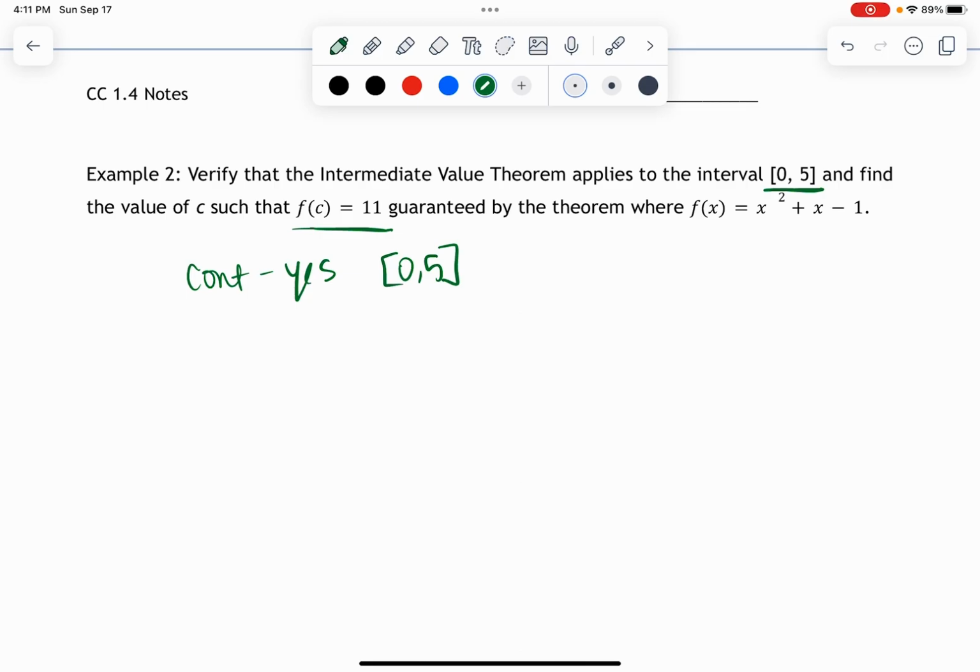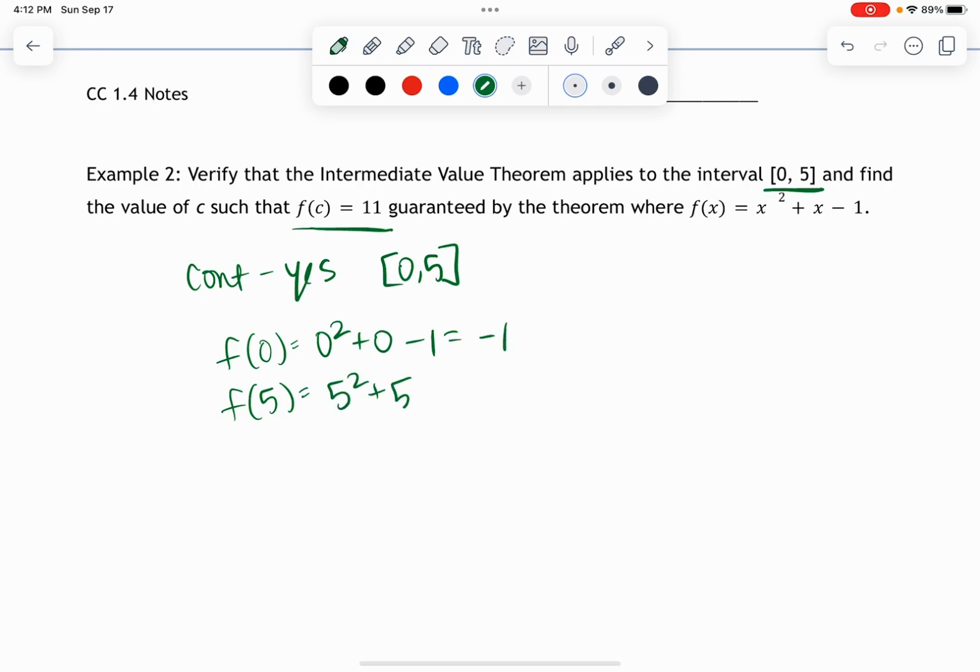So here's what we're going to do first. First, we're going to plug in 0, and then plugging in 5 will give us the height, or the y value, at 0, and the height at 5. So first we'll plug in 0, and I'm going to get 0 squared plus 0 minus 1. So I get negative 1. Then I'll plug in 5. 5 squared plus 5 minus 1, I get 29.